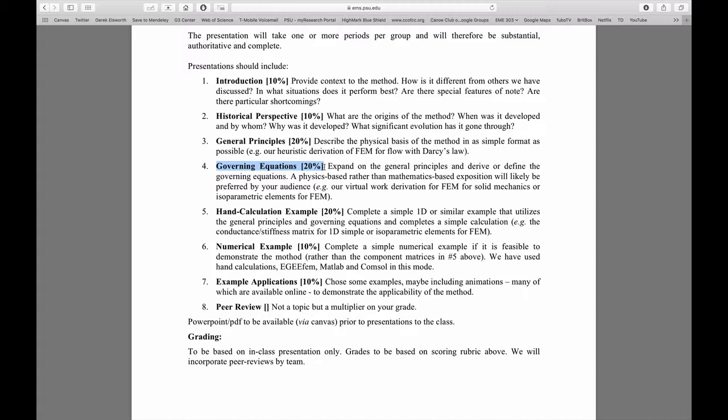So hand calculation and confirming that with something you do in MATLAB is probably a useful thing to do. And when it doesn't give you answers that make sense, then you have to dissect it in some way. To me, this is an important thing in the education process in understanding how these things work. Then a numerical example, done somehow, maybe using some software or maybe not.